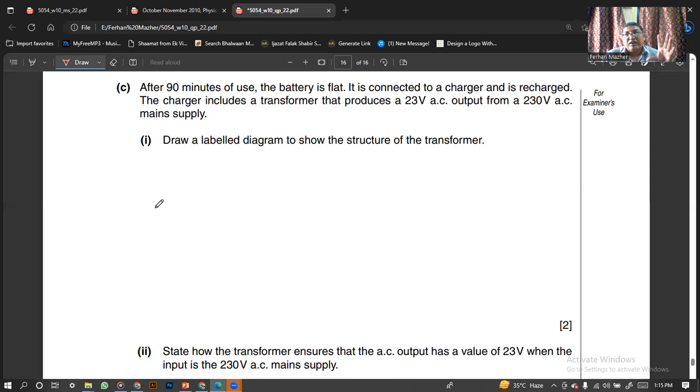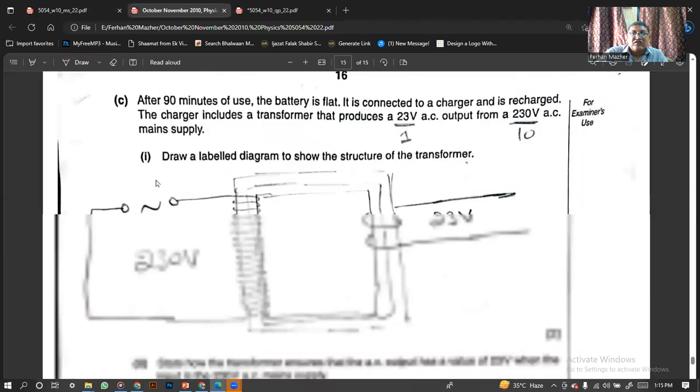So if you show, let's say, 20 turns on the primary coil, then there will be 2 turns on the secondary coil. If you represent 40 turns on the primary coil, then there will be only 4 turns in the secondary coil. So you have to keep this in your mind.